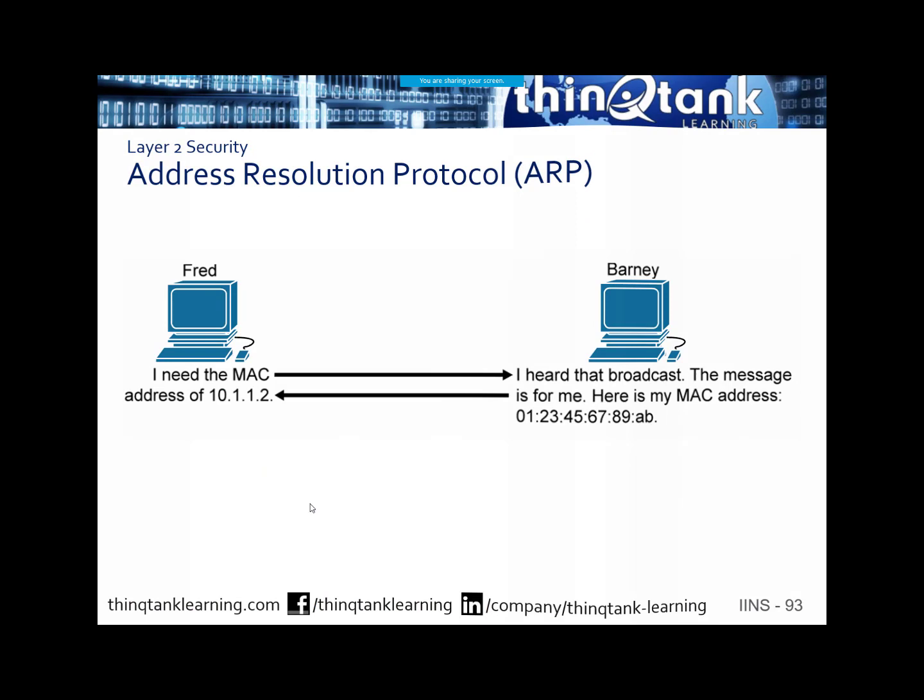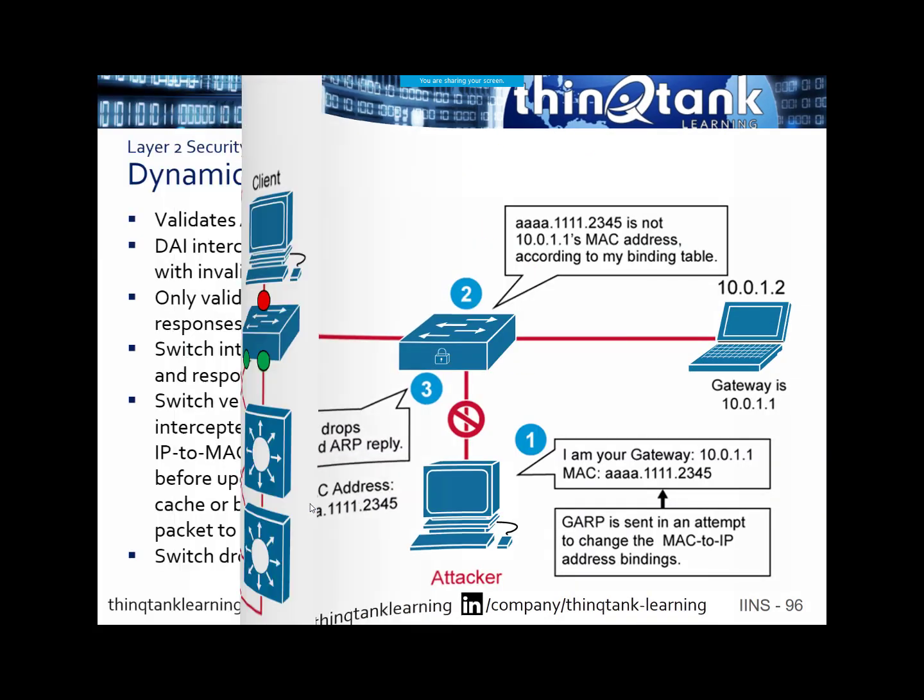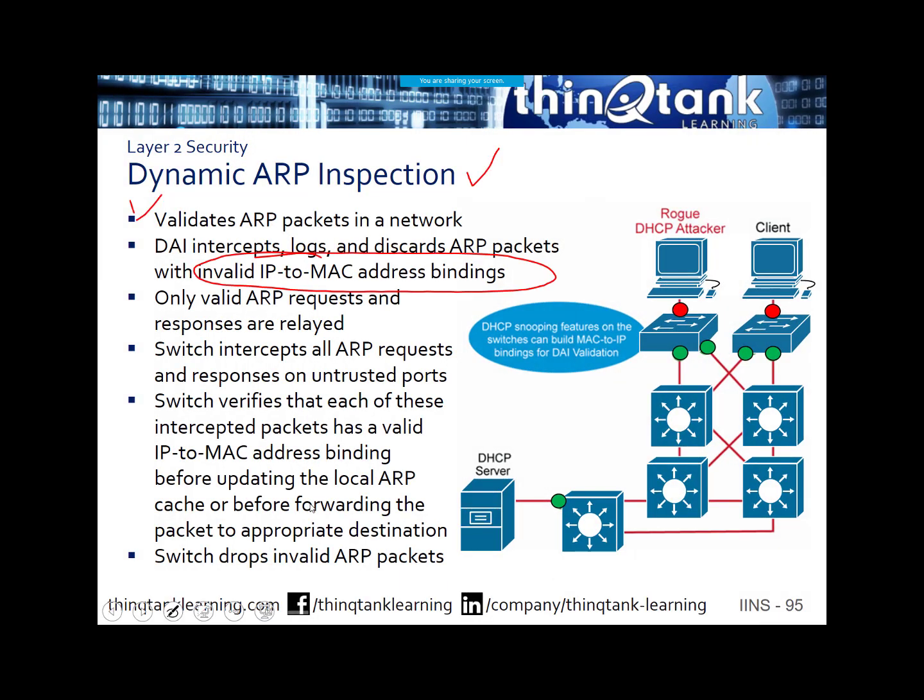By inspecting that database, essentially I'll be able to validate or invalidate ARP responses or ARP replies based on that information. Because we verify every single one of the ARP messages against this IP to MAC binding database that gets stored because of DHCP snooping.